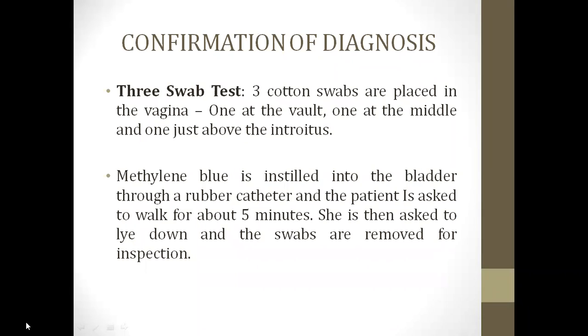Confirmation of diagnosis: we do a 3-swab test. Three cotton swabs are placed in the vagina, one at the vault, one in the middle, and one just above the introitus. Methylene blue is instilled into the bladder through a rubber catheter, and the patient is asked to walk for 5 minutes. She is then asked to lie down, and the swabs are removed for inspection, one after the other.